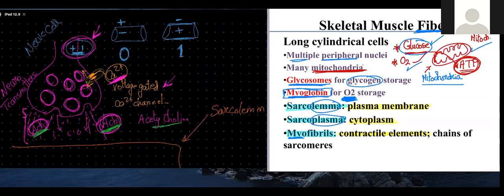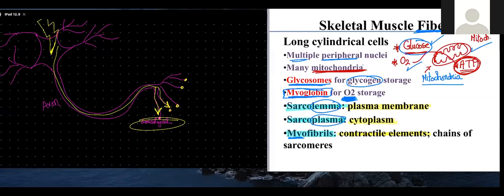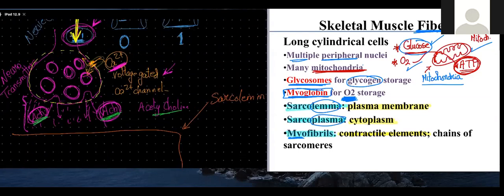This is the terminal bouton of the nerve cell. I've got an electrical signal down in here, and this is one magnified terminal bouton.